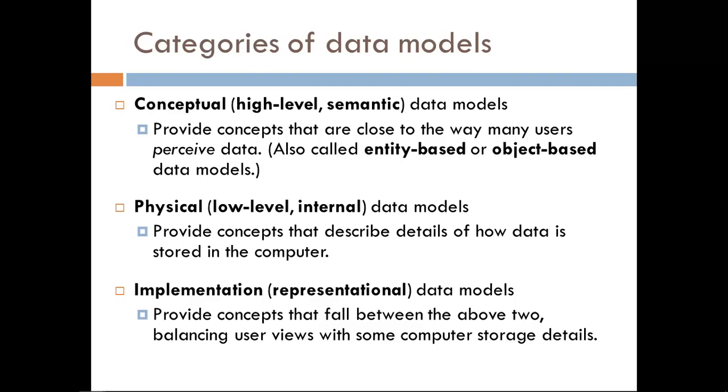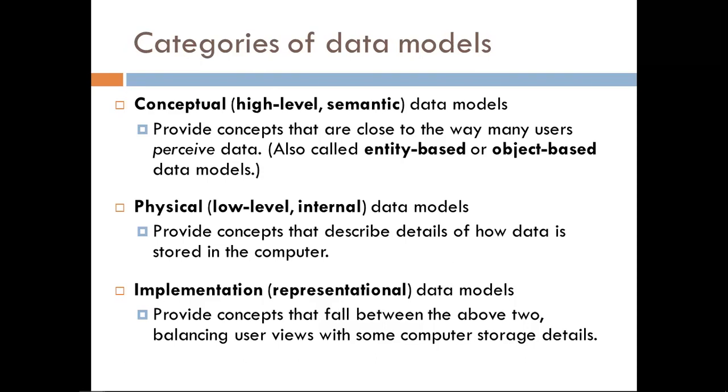The physical model is the internal model. It describes how the data is exactly stored on the hard disk. This storage level detail is called the physical model, and we will not be working at the physical level because that is the task of the DBMS software. Then the implementation model provides the concepts in between the physical and conceptual model.